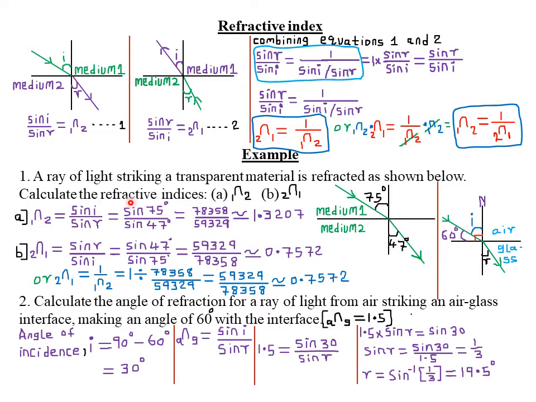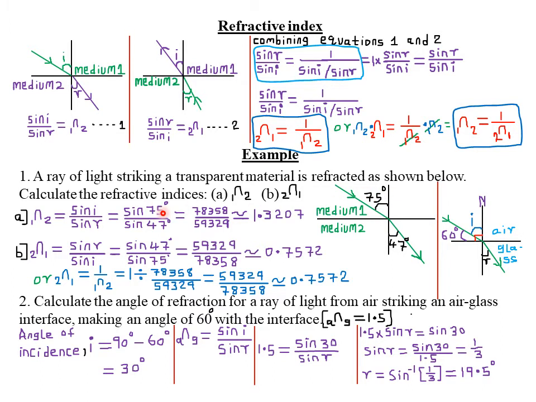So the refractive index for part A from medium 1 to medium 2 will be equal to sine i divided by sine r. That is courtesy of Snell's law by Wilbrord Snellius. From our first diagram, a ray of light moving from medium 1 to medium 2, the angle of incidence is always the angle between the incident ray and the normal, and in this case it is 75 degrees.